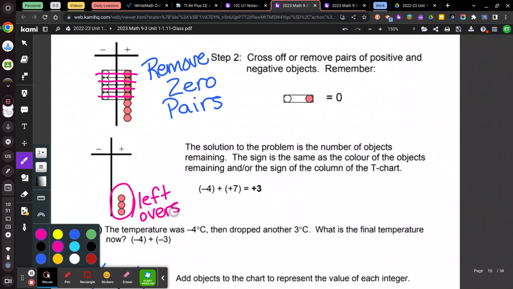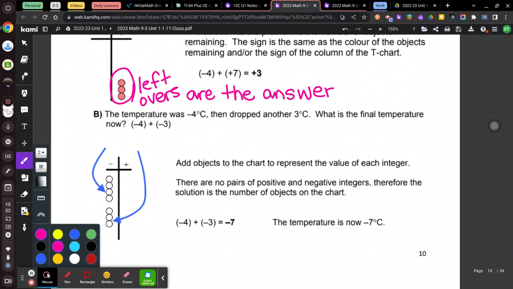Okay, leftovers are the answer. They explain it to you in the steps, but I'm just giving you the brief form of how it works. If I'm not there with you and you're working on this stuff, you should be able to figure it out with the steps they show you.